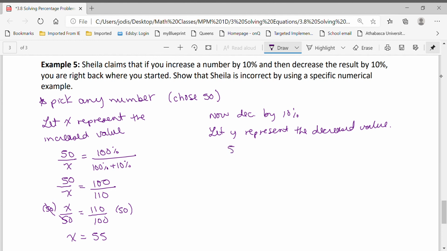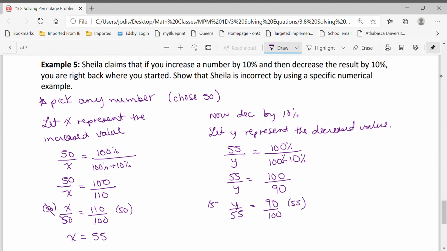Okay, so we know we're starting out with 55, and we want to know what that decreased value is, so that's our Y. Right, so now 55 becomes our original number, and then we're going to decrease it by 10%. Right, so we've got 55 over Y equals 100 over 90. Again, we need to do the reciprocal and then multiply both sides by 55. So 90 times 55 divided by 100 gives us 49.5.